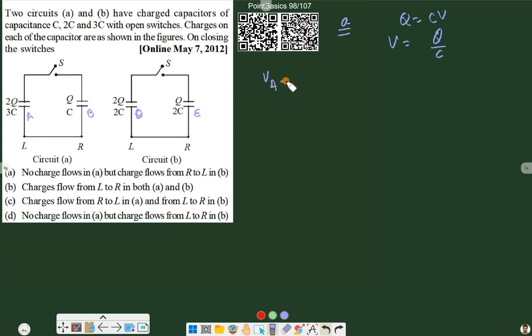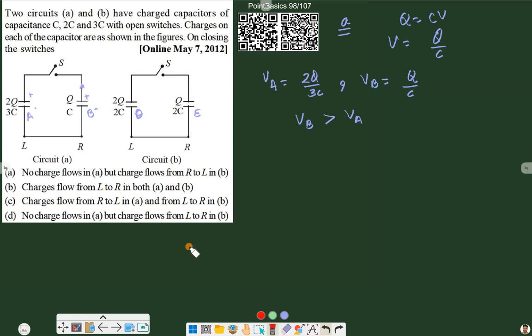For capacitor A, potential is given by 2Q by 3C, and for capacitor B, potential is given by Q by C. Now we can easily see that the potential at capacitor B is greater than the potential at capacitor A. Considering that top plates are positively charged and bottom plates are negatively charged, this capacitor B has a higher potential as compared to capacitor A. So if this is the positive plate, our current should flow something like this.